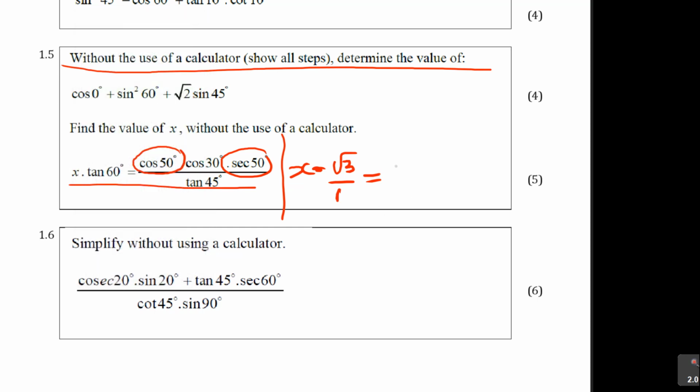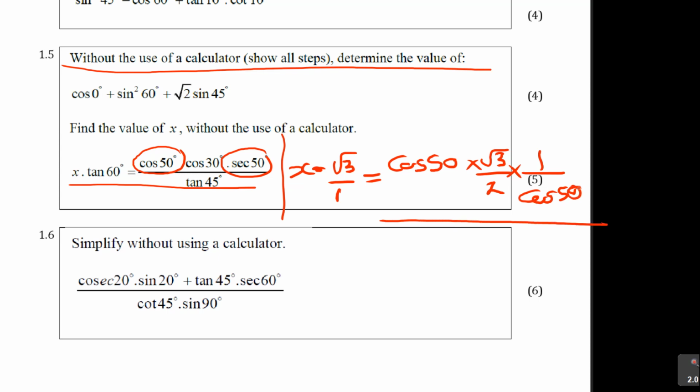So let's do it. So you have here cos 50 times cos 30. We said what? Root 3 over 2 times sec, which is 1 over cos 50. See how they did it? Then all over 1045, which is 1 over 1.